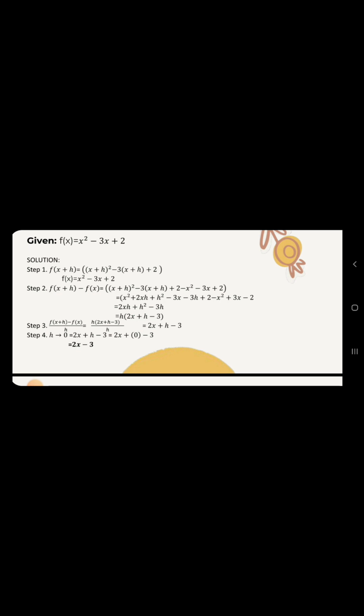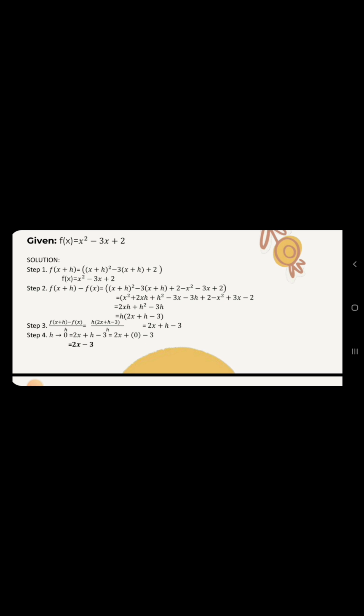So step number 2: f of x plus h minus f of x is equal to x plus h raised to the power of 2 minus 3 times x plus h plus 2 minus x squared minus 3x plus 2, which equals x squared plus 2xh plus h squared minus 3x minus 3h plus 2 minus x squared plus 3x minus 2.